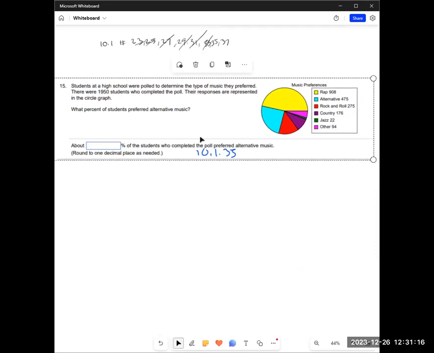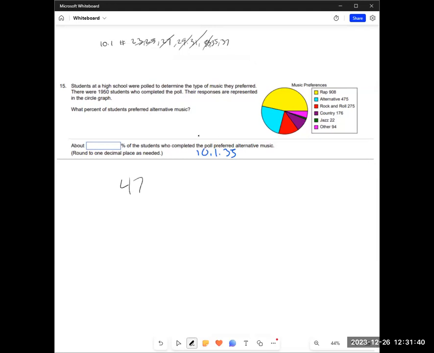So there are 908 people that responded that they liked rap, 475 that liked alternative, 275 that liked rock and roll, 176 that liked country, 22 that liked jazz, and 94 people that had some other genre as their favorite type of music. So what percent of students preferred alternative music? That was 475 out of the 1950.